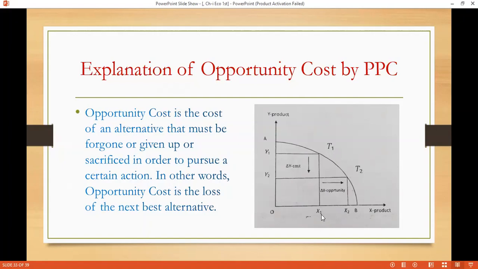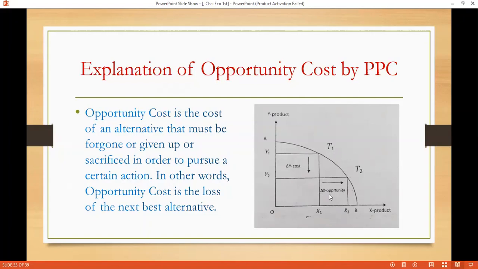Now, if we want to increase the production of X product from X1 to X2, then we have to reduce the production of Y product from Y1 to Y2.